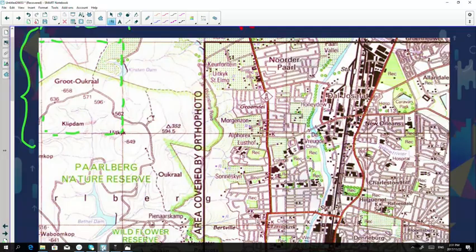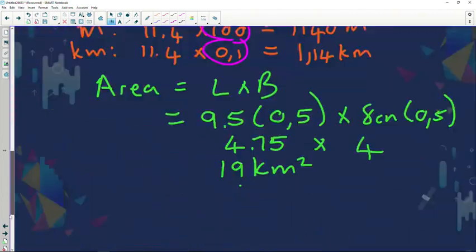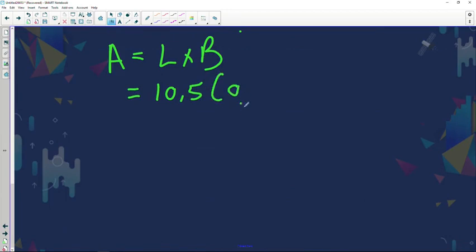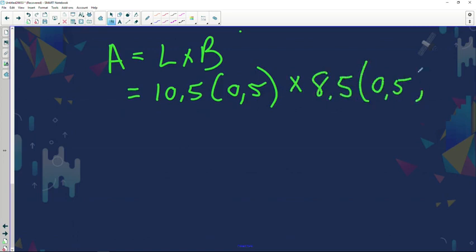So let's quickly calculate it. Area equals length times breadth. The length was 10.5 centimeters. Let's presume they asked the answer in square kilometers, so times 0.5, times 8.5 centimeters times 0.5.